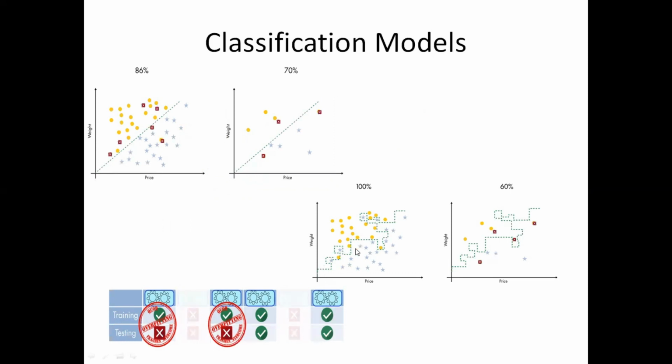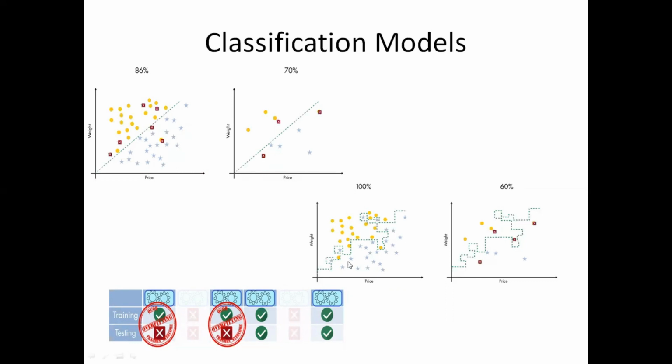Whereas this complicated model gives us 100% accuracy for the training data, but the accuracy for the testing data is 60%. So as we can see, even though the training data gives us 100% accuracy, still when we feed a new data set to that model, the performance is not as good as this simple model that we have developed.